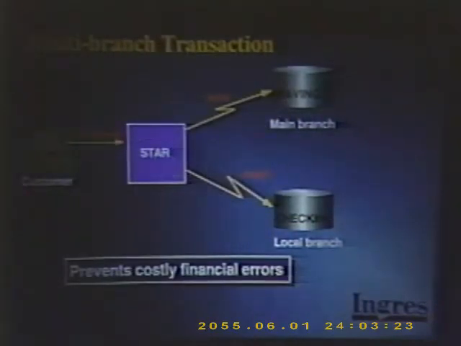A simple example of why automatic two-phase commit is critical. There is an entire class of applications, which you may call all or nothing applications, where you need to update information at multiple sites as a logical unit of work, either perform updates at all sites or perform updates at no sites.